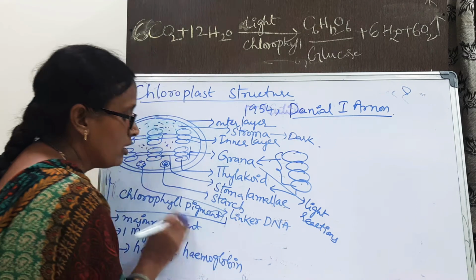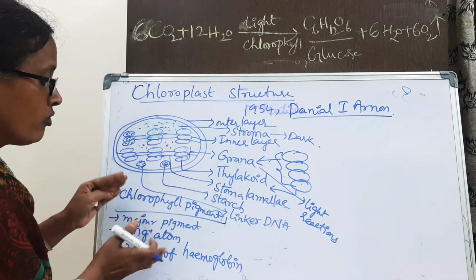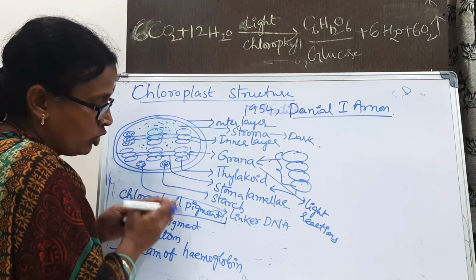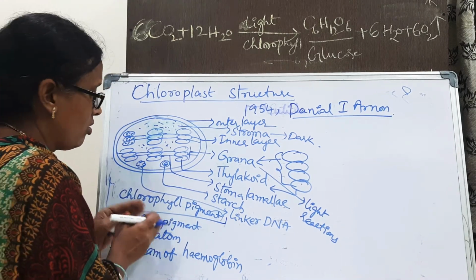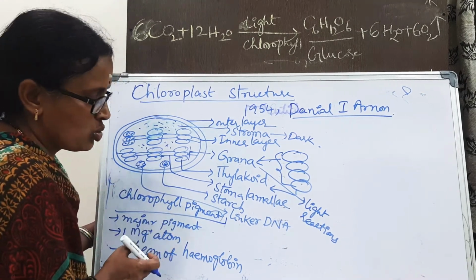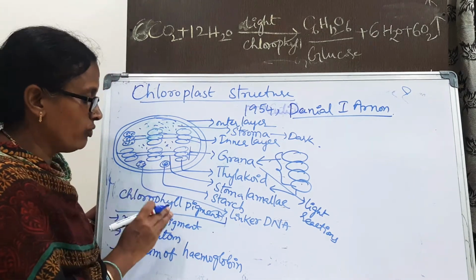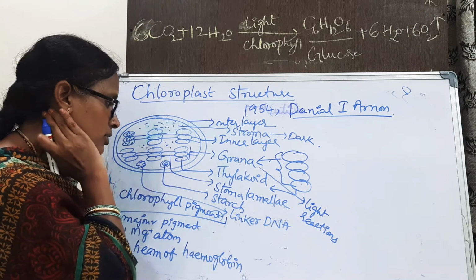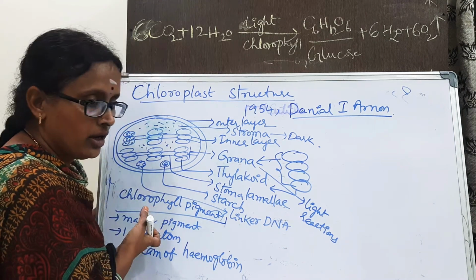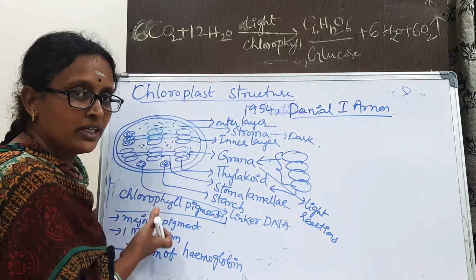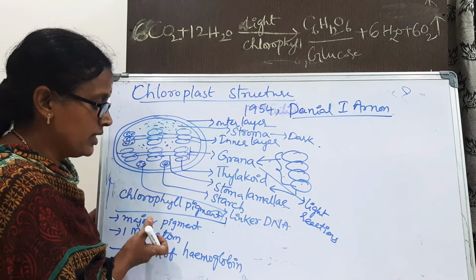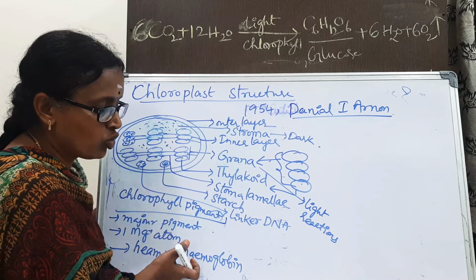They may ask the question: what is the difference and similarity between chlorophyll and hemoglobin? Chlorophyll is the major pigment in plants, though you know that carotenoids and xanthophylls are there too. A magnesium atom is present in the chlorophyll pigment, compared with the heme of hemoglobin.